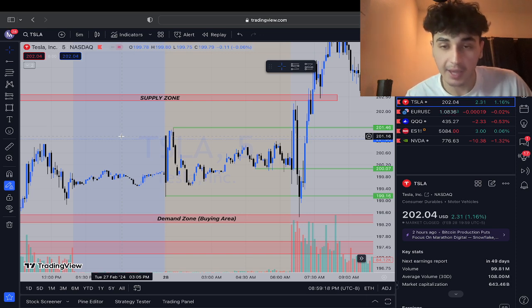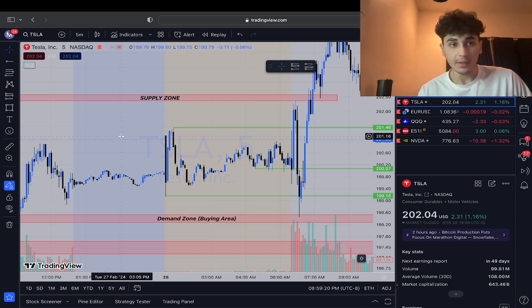Now, keep in mind, with our supply and demand zones, there are many different ways that you can draw these zones out.